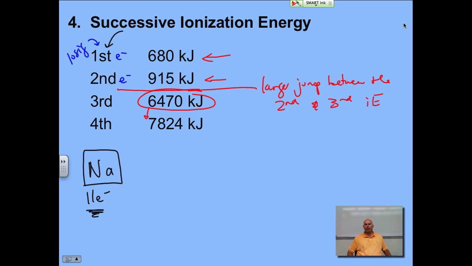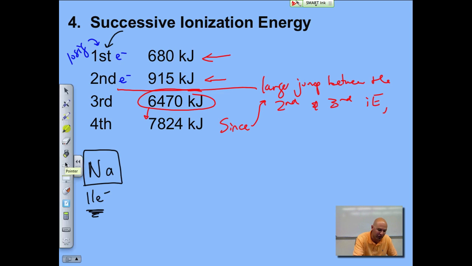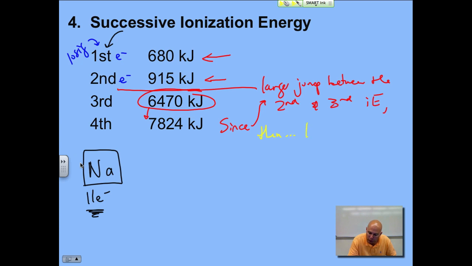Since there's a large jump there, whatever this atom is, it must lose 2 electrons relatively easily, then not want to lose the third, because it's so high.